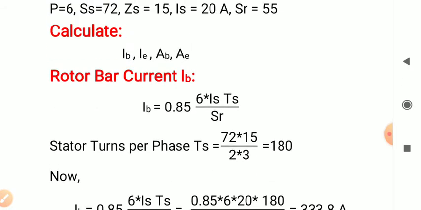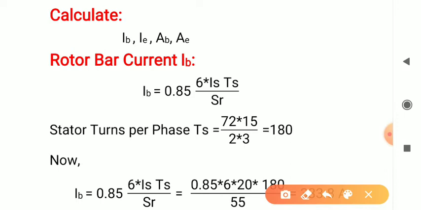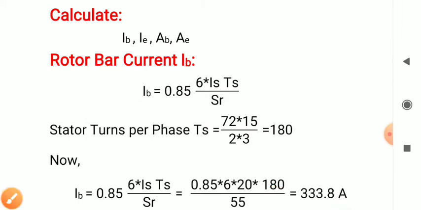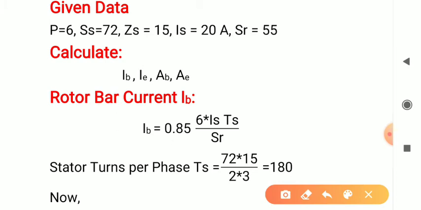First we will calculate the current in the rotor bar, that is IB, and the IB is calculated by the expression 0.85 into 6 into IS into TS divided by SR. Now in this expression, if you check the given data, the IS is given and SR is also given, but the TS value is not given, where TS is the number of turns per phase of the stator, and this TS can be calculated by using the EMF equation.